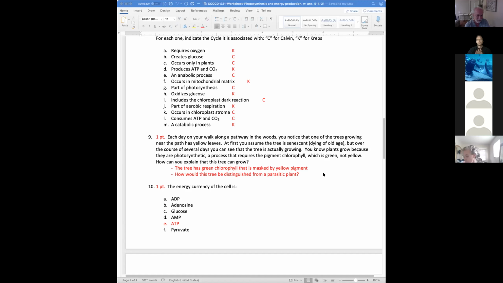Another possibility would have been that this is a parasitic plant. But thinking of yourself out walking along and you see a tree that's yellow, why would you think it's not a parasitic plant?